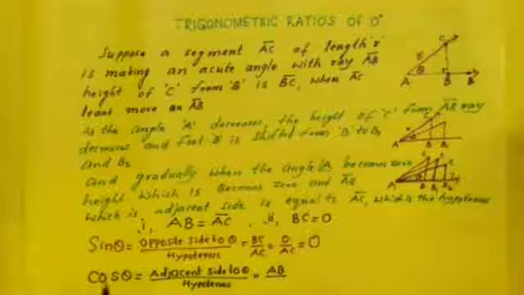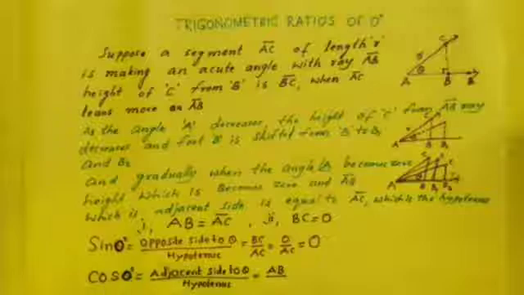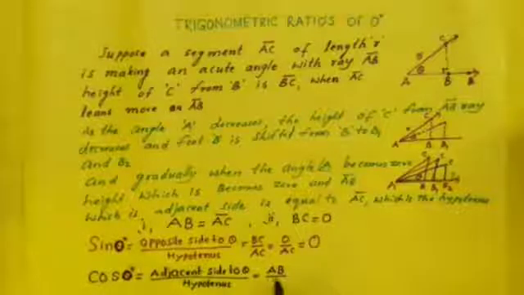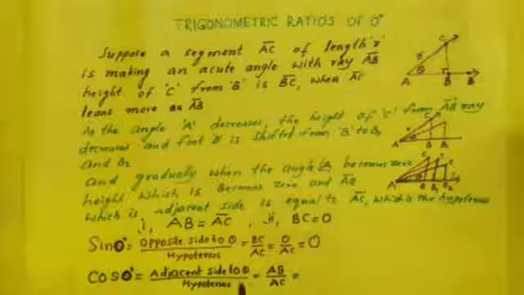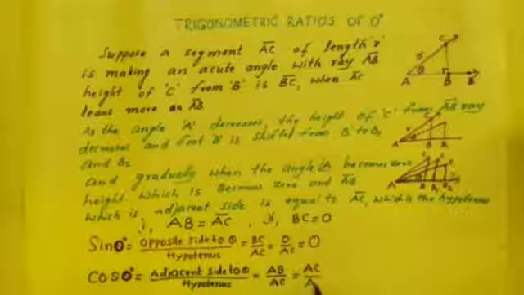Here theta we treated as 0 degrees, and we are checking the 0 degree only. The adjacent side to theta is AB and the hypotenuse is AC. But AB is equal to AC, so AC by AC, then we get 1.